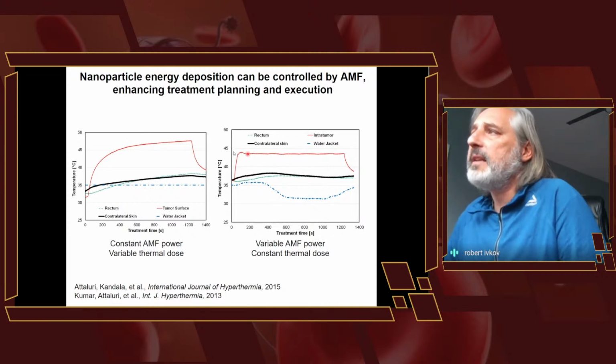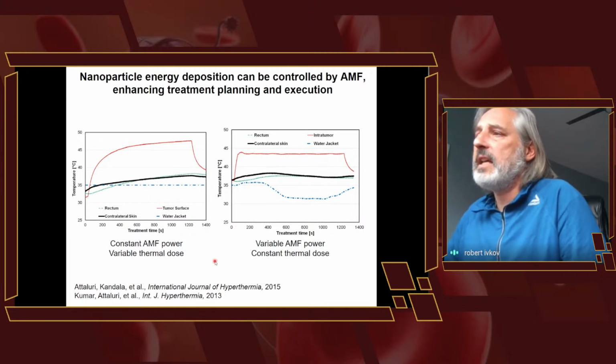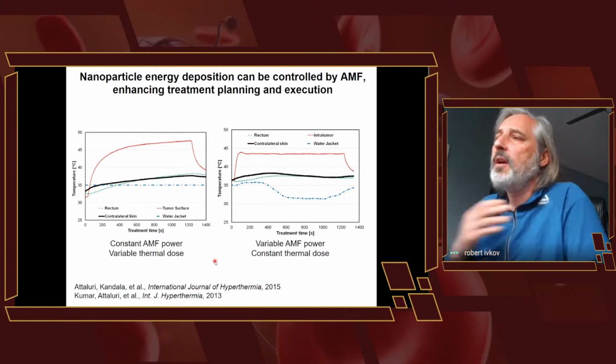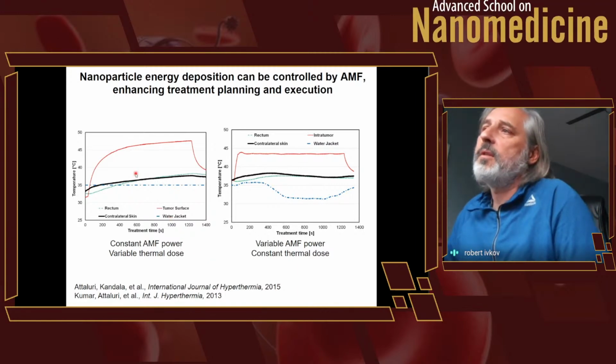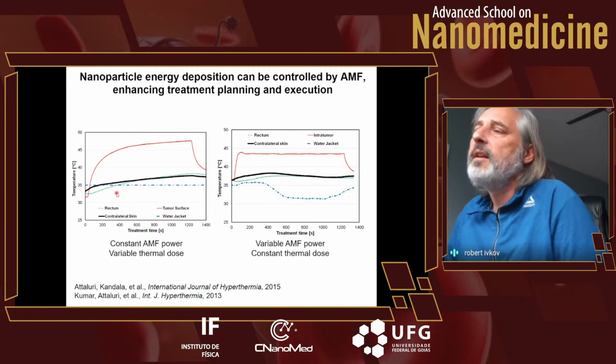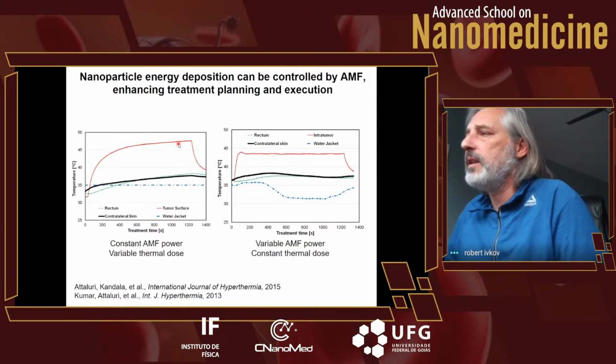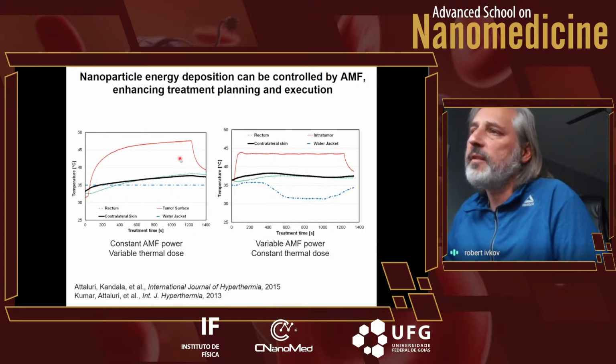So implementing this type of a strategy in our mouse models, we ended up with this. What you're looking at here is actual temperature measurements from a mouse that was bearing one of these tumors, either PC3 or LAPC4.